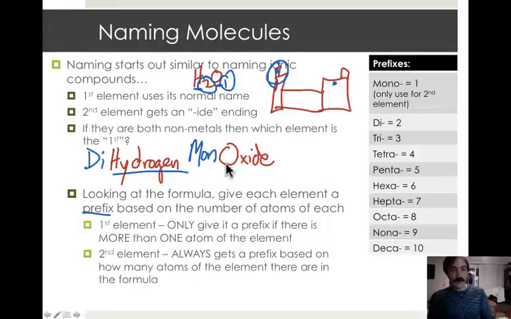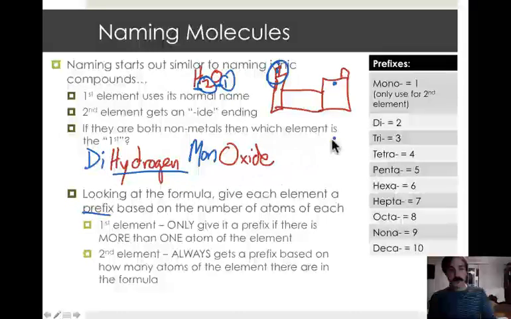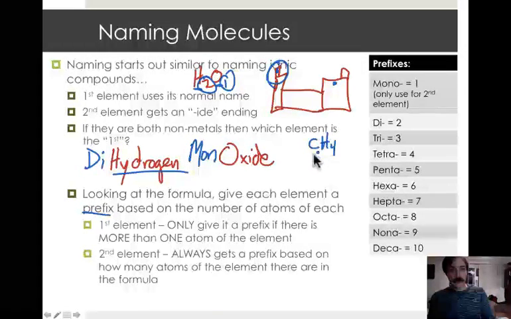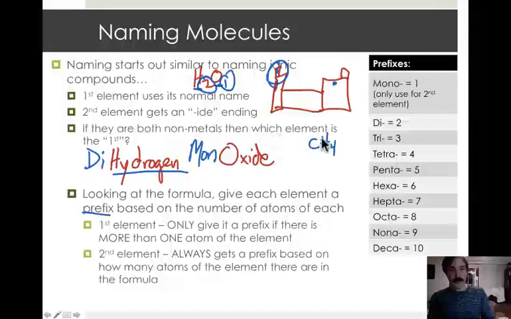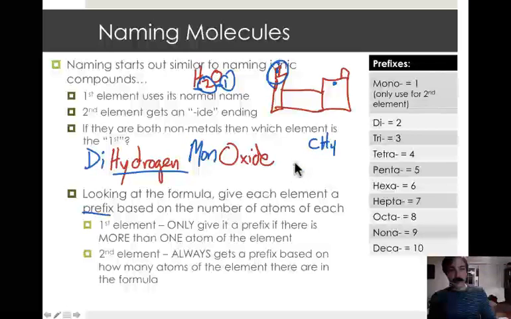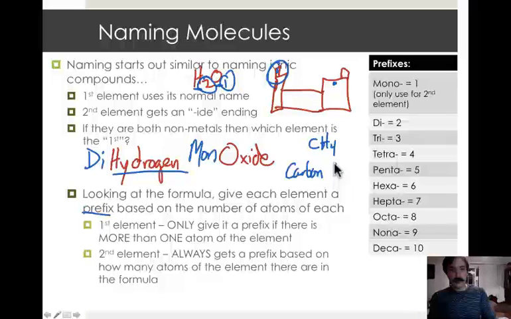Now there are a couple of extra tidbits. First of all, if we only had 1 hydrogen, for example, if I take another compound like carbon combined with 4 hydrogens, carbon gets listed first. It's kind of the exception here. I know that normally you would do hydrogen first because it's on the left, but we're going to name it based off of our carbon. So it would be carbon, and then we have 4 hydrogens, so that would be tetrahydride.